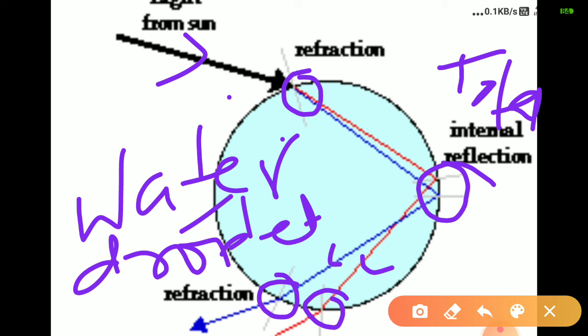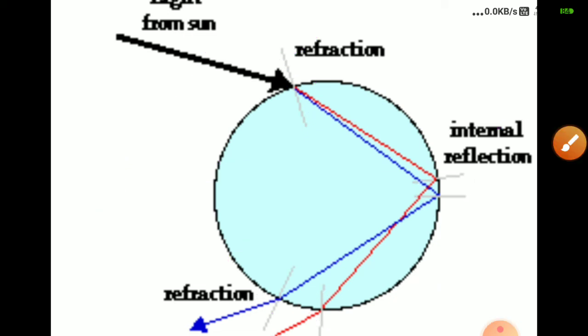So the phenomena of light which are involved in the formation of a rainbow are refraction, total internal reflection, and dispersion. So these are the 3 phenomena of light which are involved in the formation of a rainbow.